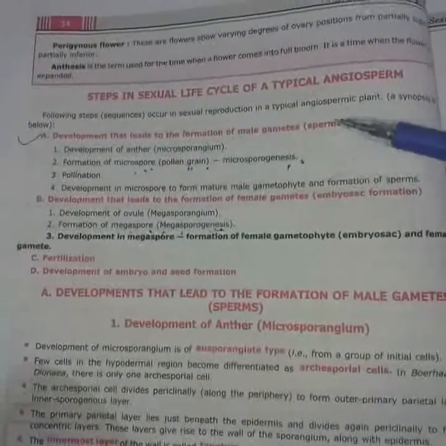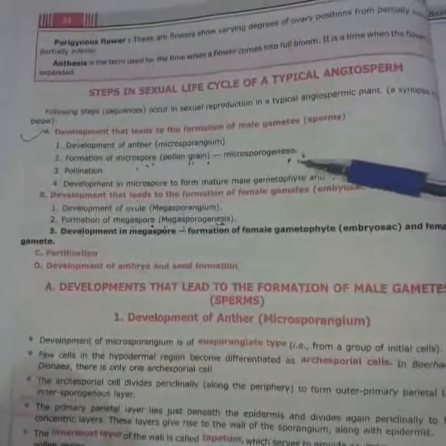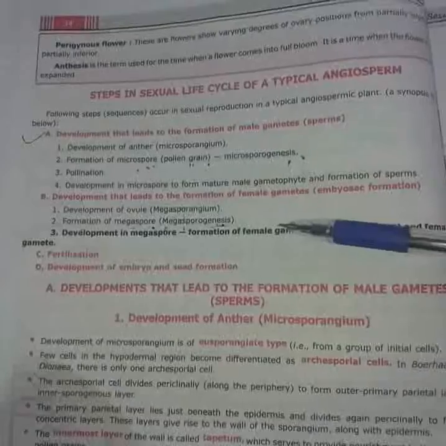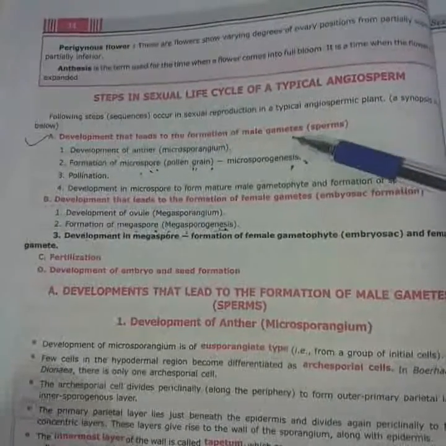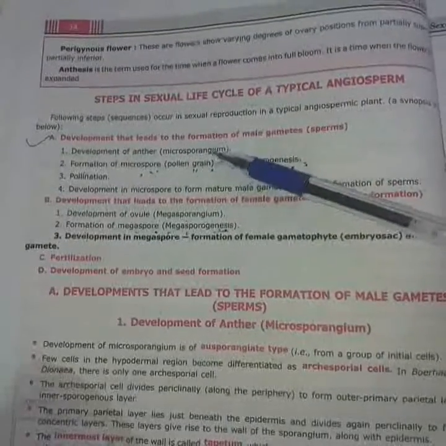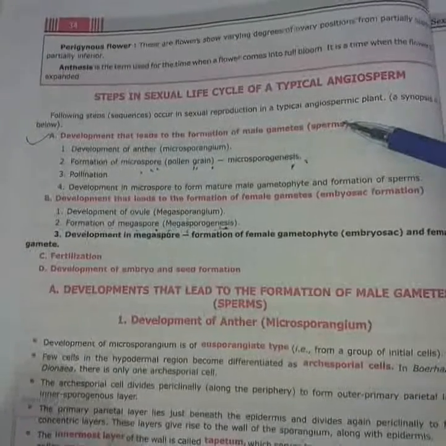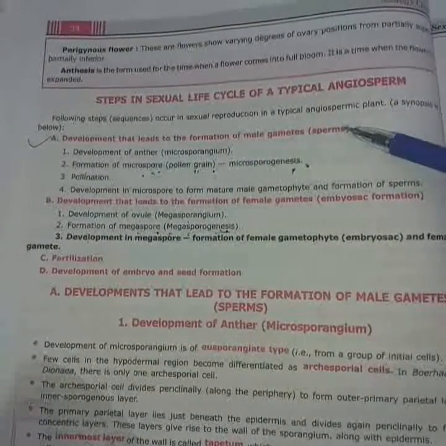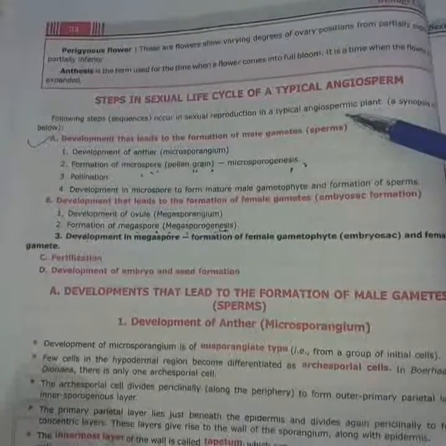Some steps are given here which complete the sexual life cycle of flowering plants. The first step is the development that leads to formation of male gametes or sperm. You know that male gametes are called sperm and female gametes are called ovum.